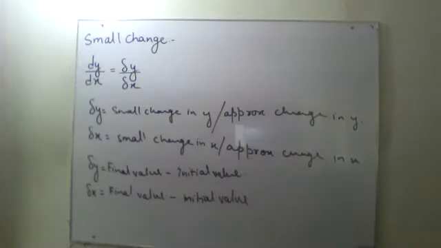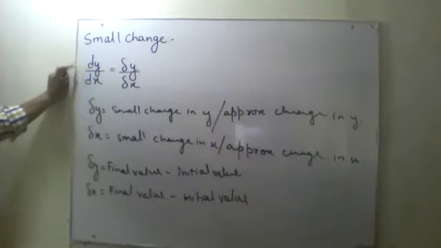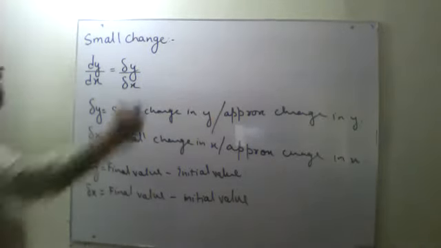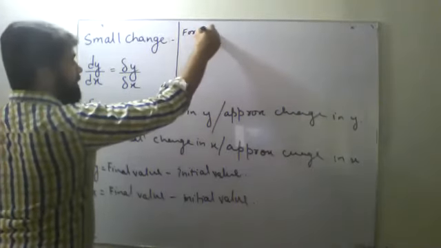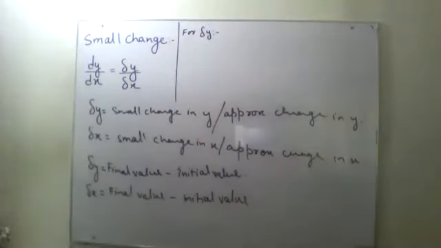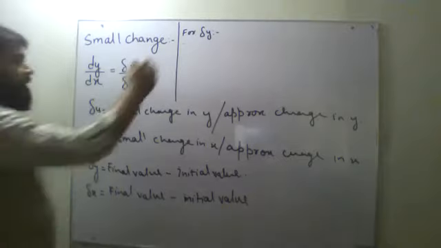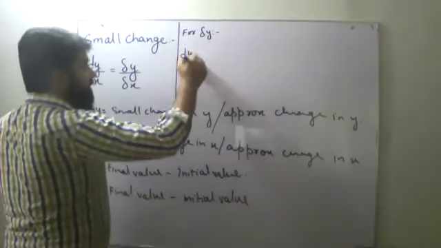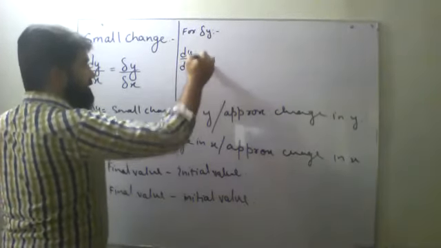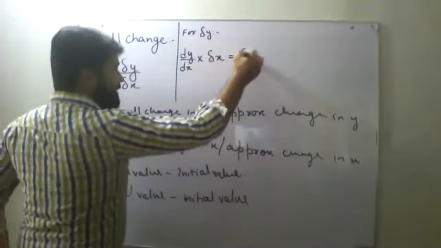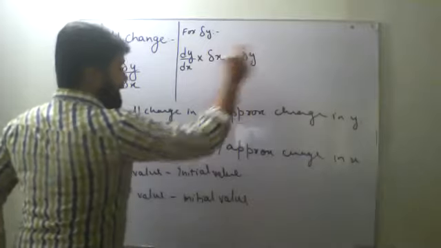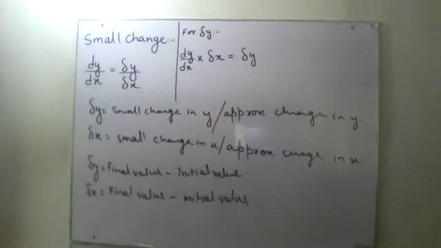Right? Now, for instance, if I'm working on this formula, so for change in y, I will apply dy over dx into change in x, small change in x, delta y, delta x, which equals this one.